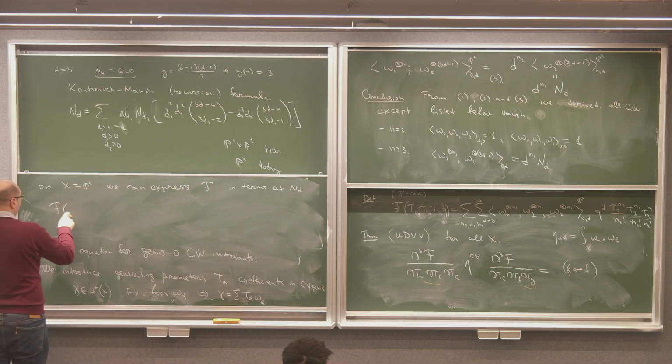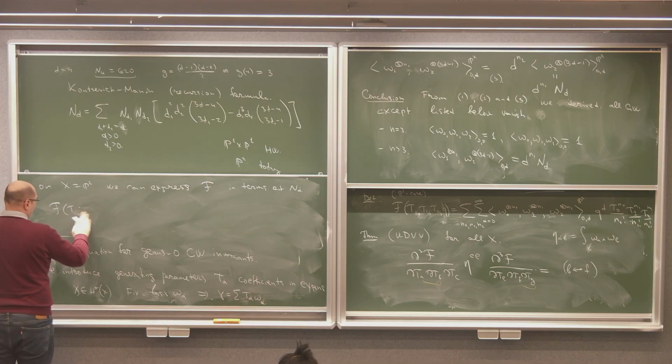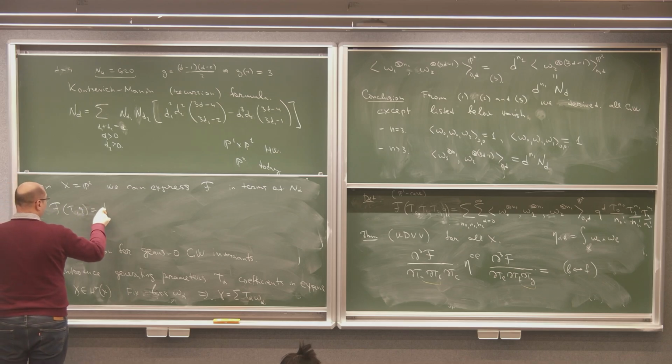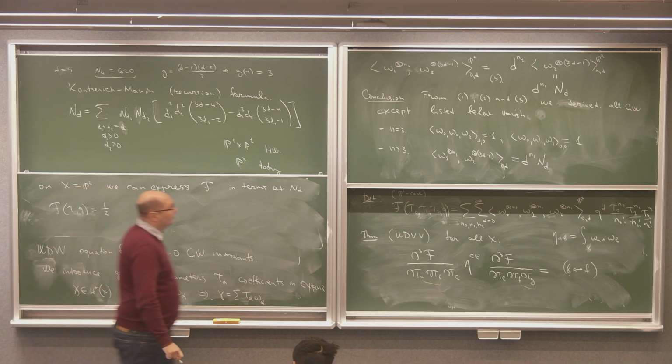And the formula will be the following: T0 of Q. Okay, so what will we have?